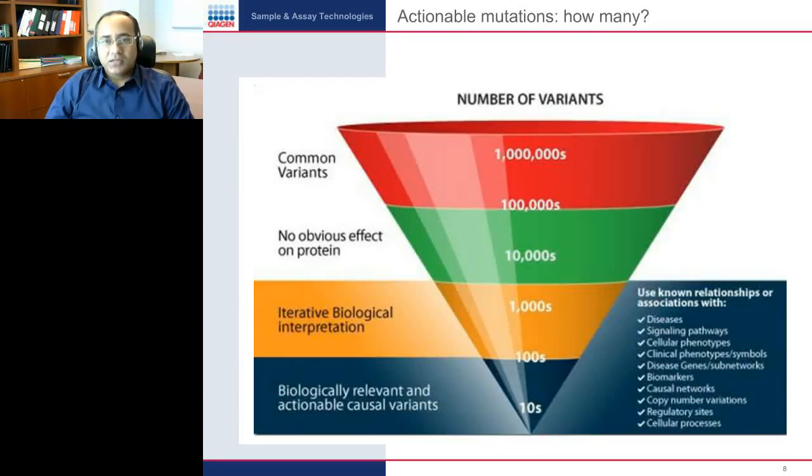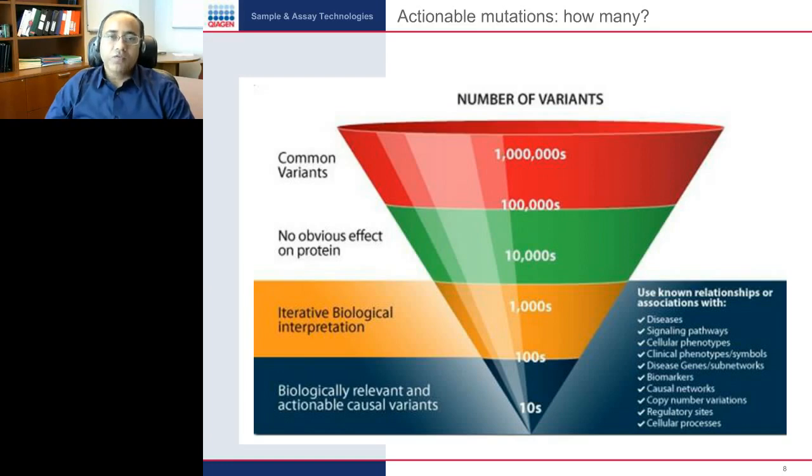To answer that question, let's look at the different variants which you can detect out of the whole genome sequence. There are millions of common variants, and most of these variants have no effect whatsoever on the proteins.